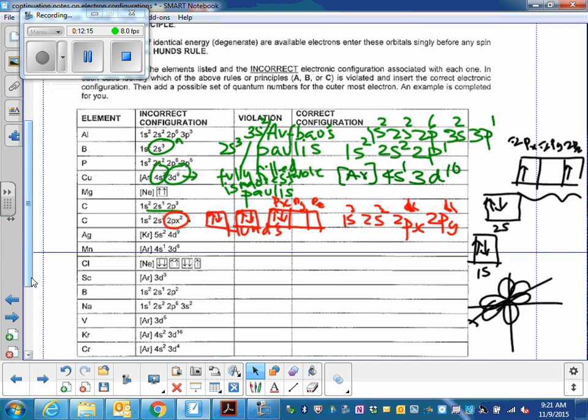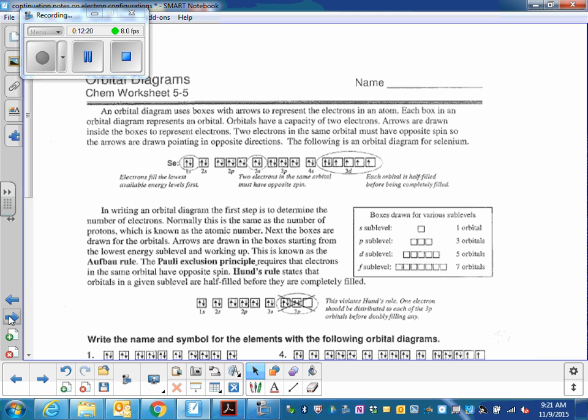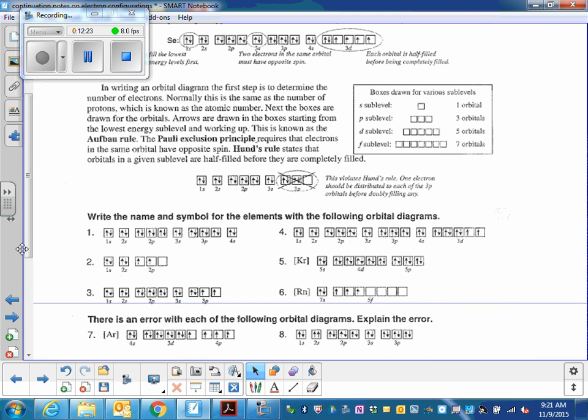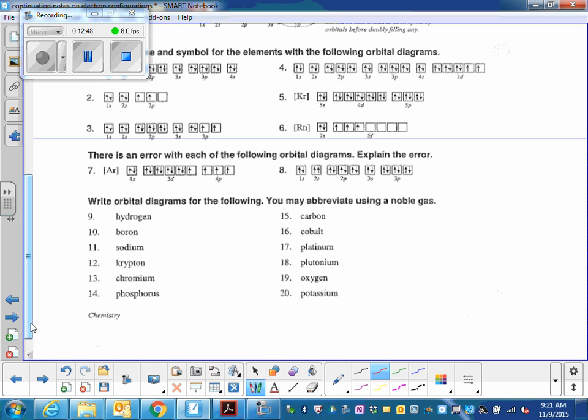Okay? Now, if they ask you to draw the orbital diagram, alright? You know how you started this unit with the orbital diagram being given to you and you wrote out the electron configuration? Isn't that right? Now all the support is being taken away from you and you are told, write the electron configuration, draw the orbital diagram. Draw the orbital diagram for, let's say, carbon.